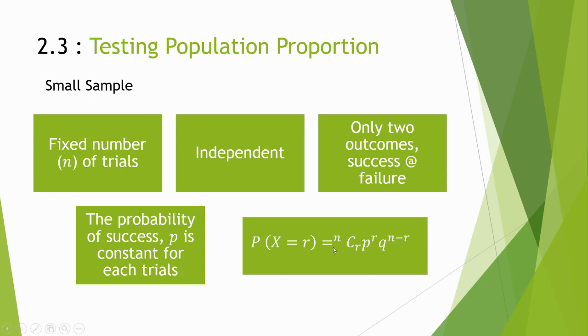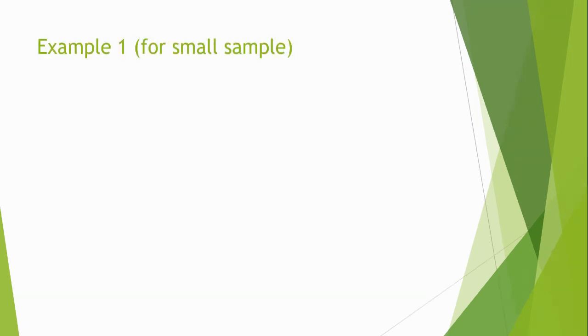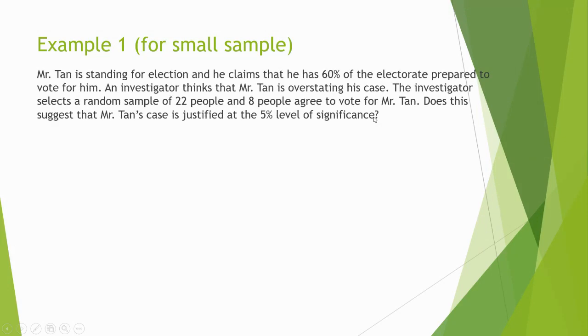What distribution do you think about when it only comes out with success and failure? It's binomial distribution. Okay, let's look at an example.